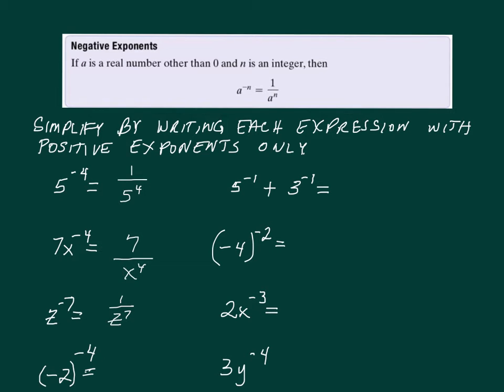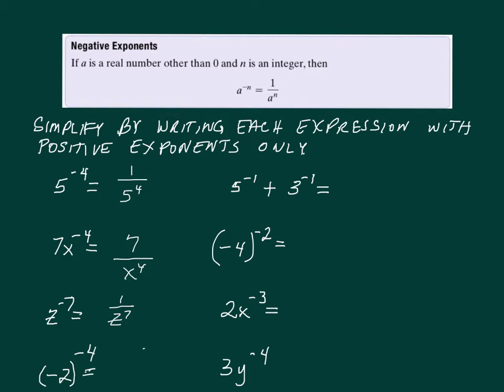So this is a negative 2. Notice it's in parentheses. So the negative 2 is the base. Okay? And the base, remember, does not change signs. So what is being raised to the negative 4th power? Negative 2.